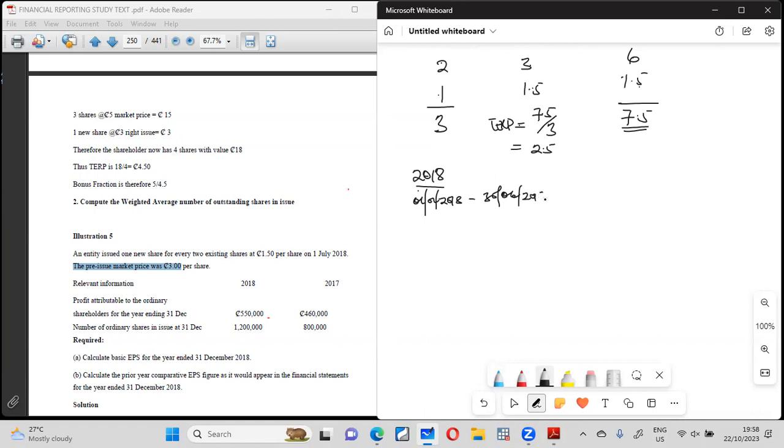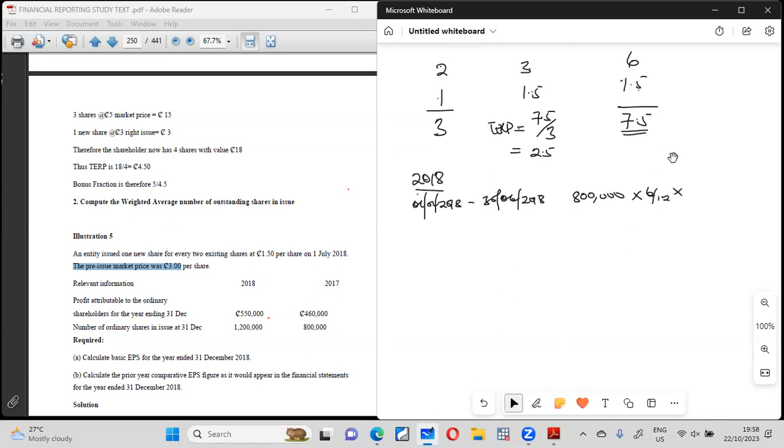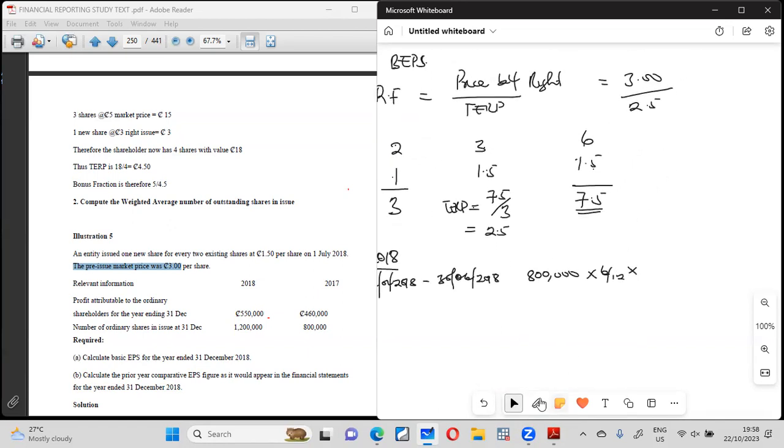How many shares were existing? 800,000, right? And the period here is 6 months. And what is the rights fraction? 3 over 2.5.